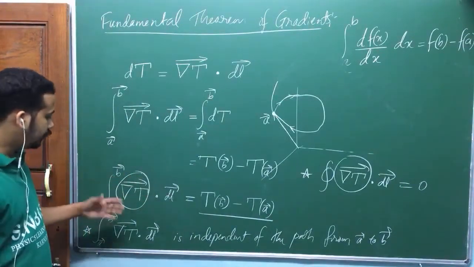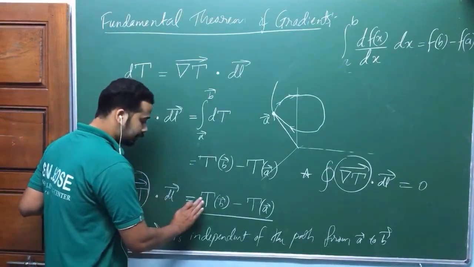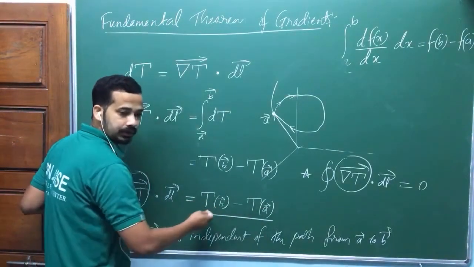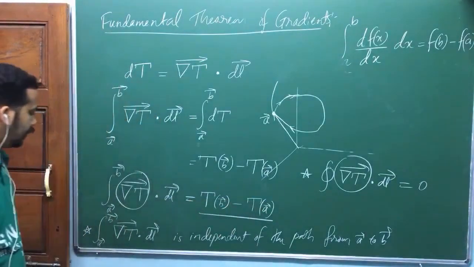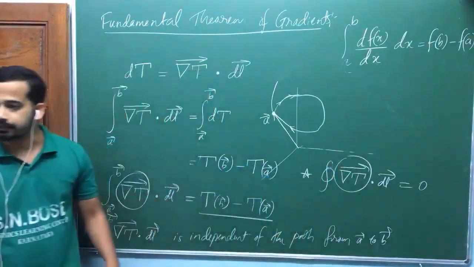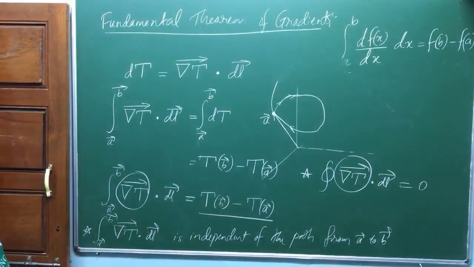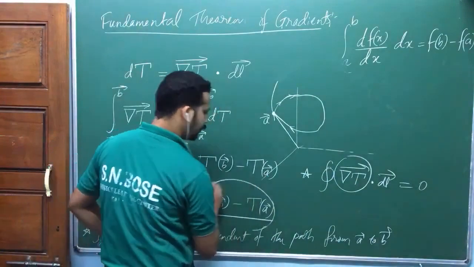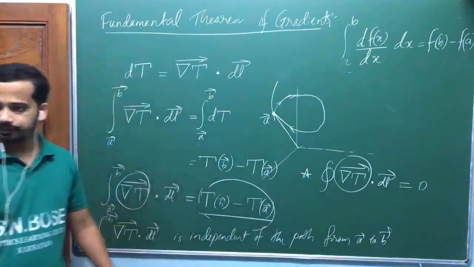Then if you write that as a gradient of a scalar, you can write that line integral as the difference of the scalar field at the endpoints. And again, if you make that endpoint the same, that closed line integral will be 0. Are you getting this or not? It's a very important part. Is that okay? I hope by seeing just this part, you can say the closed line integral is 0, am I right? If you make A and B the same.